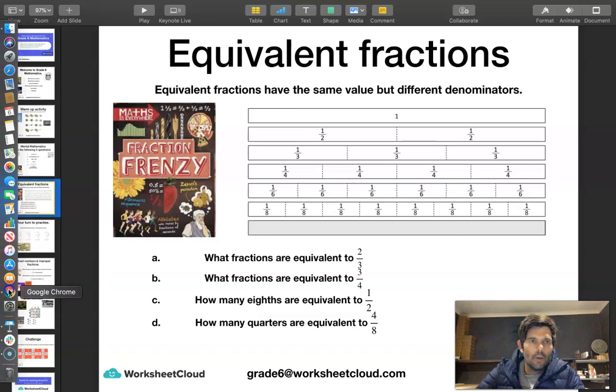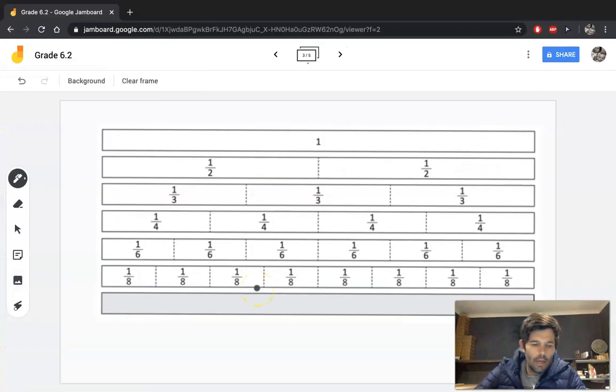So if I go back and have a look at 3/4, 3/4 is over here. There it is, in yellow this time. As I go further down, I can see 1, 2, 3, 4, 5, 6.